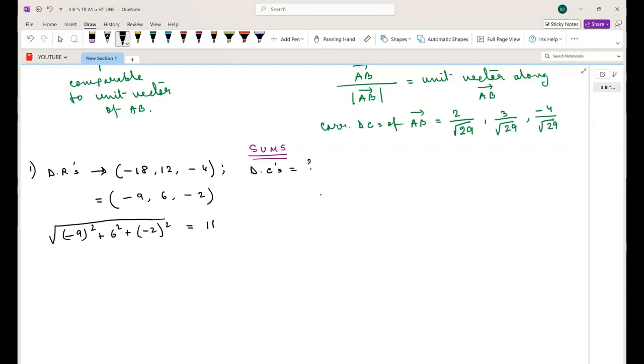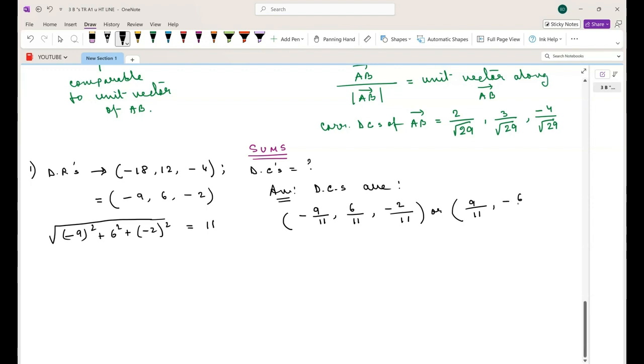So therefore the DCs are: one set will be minus 9 by 11, 6 by 11, minus 2 by 11, or 9 by 11, minus 6 by 11, 2 by 11. So this is how we calculate DCs from DRs.